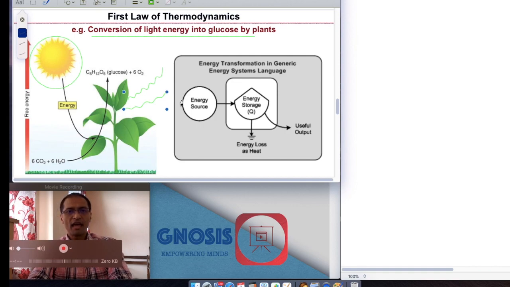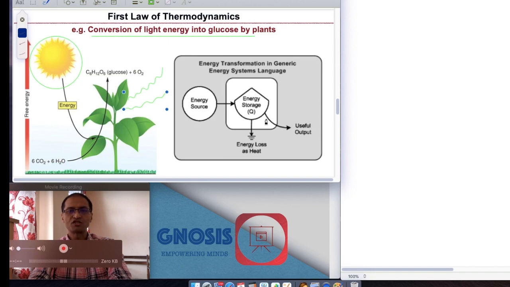environment. And if we are to describe this in terms of energy systems language, then we have the energy source, which is the sun, we have the thermodynamic system, which is the plant, and then we have the output, which is your carbohydrates and your oxygen.